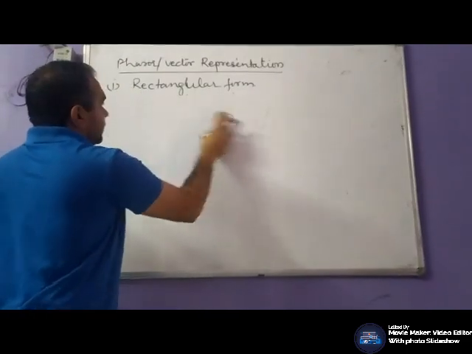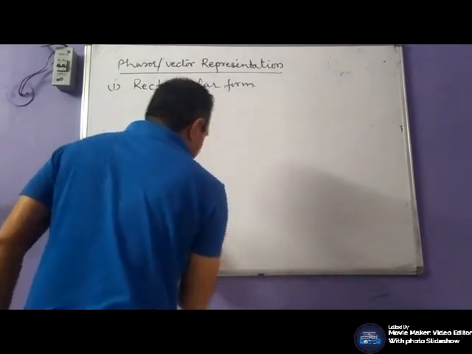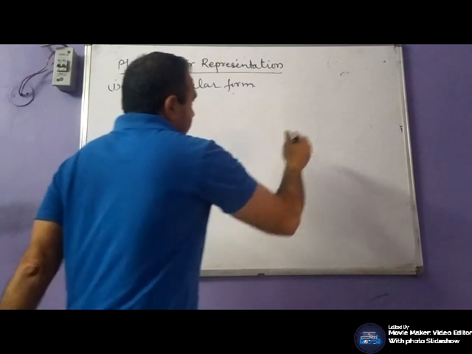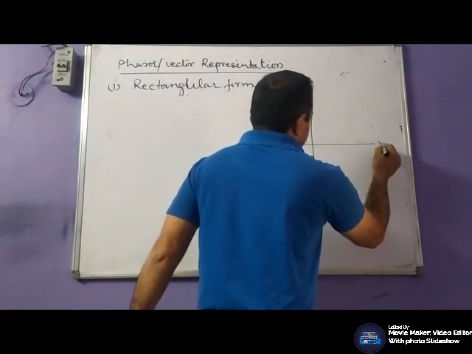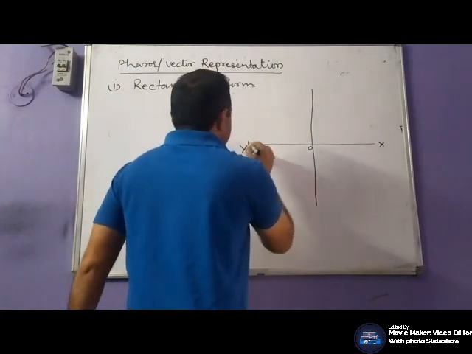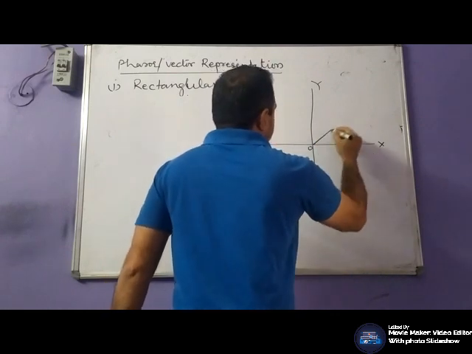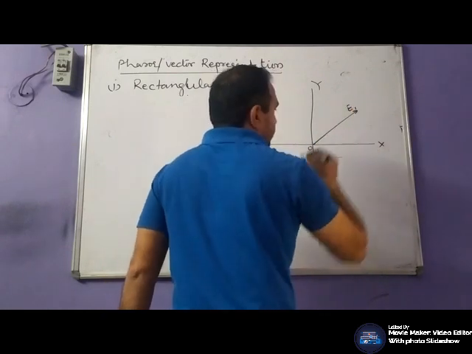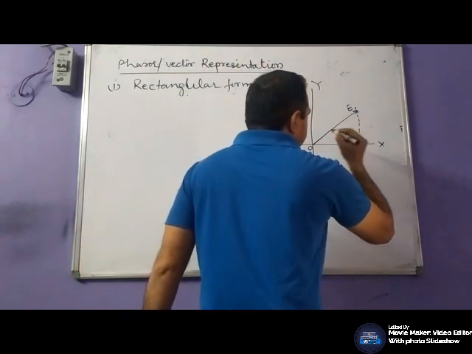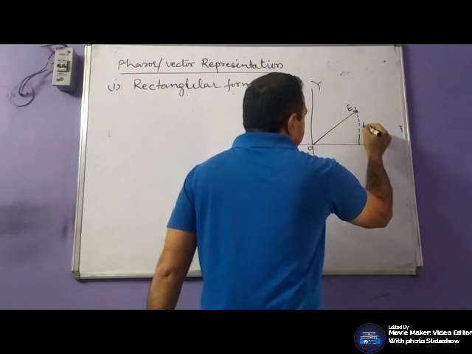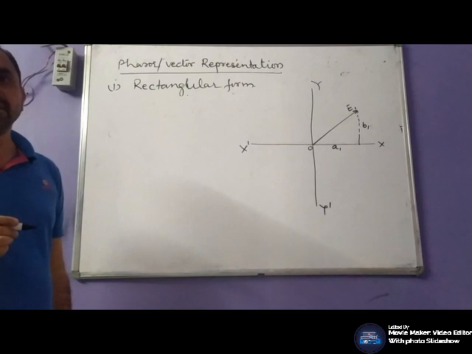First, rectangular form. Rectangular form is symbolic notation of your alternating quantities. For example, this is the alternating quantity E. So that can be represented in terms of their horizontal and vertical component.